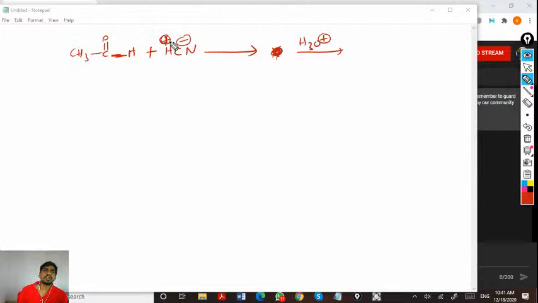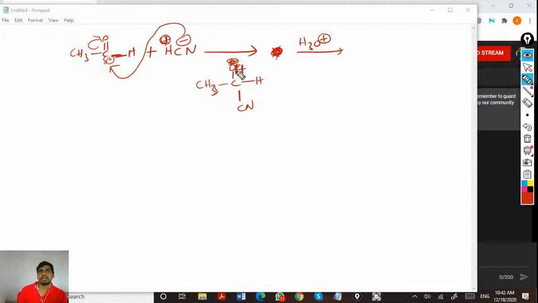Why not electrophilic? This is a carbonyl carbon which is electron deficient, which will be attacked by the nucleophile, the cyanide, resulting in CH3 CO minus. This bond will move towards this O minus, and CN, and H. This O minus is going to abstract the H plus, so it becomes OH.